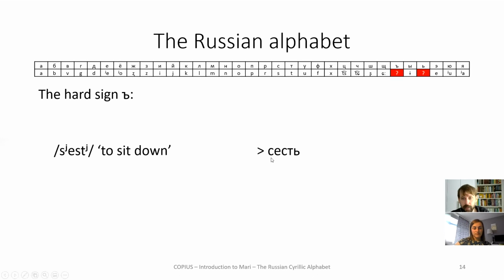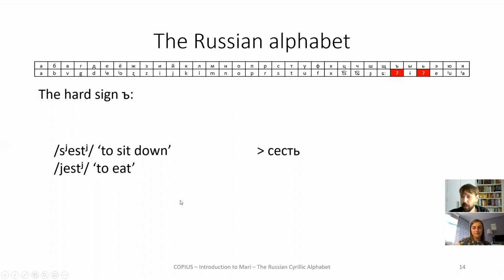So we can do it just like this. We use the only S that we have. Then we use the soft Y, which then indicates that the S is palatalized, then S and T. And then here we don't have a vowel after this, so we need the soft sign here to show that the final T is palatalized. Now we have a word to eat.